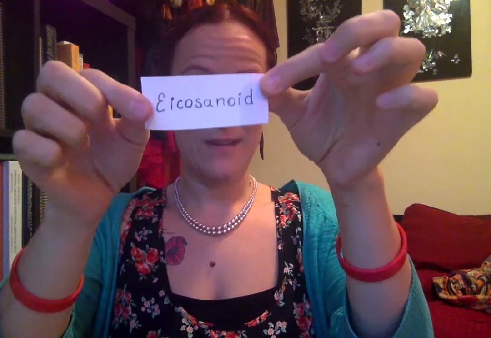Those types need to be converted into a longer chain in order to eventually become an eicosanoid. Other types, like the ones that come from our fatty fishes, mackerel, sardines, salmon, things like that, can already be used to make eicosanoids. So there are fewer steps when we eat omega-3 fatty acids that come from fish.